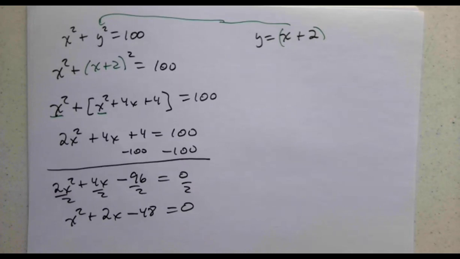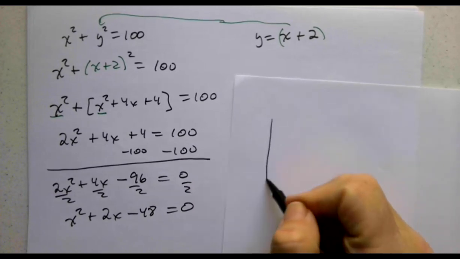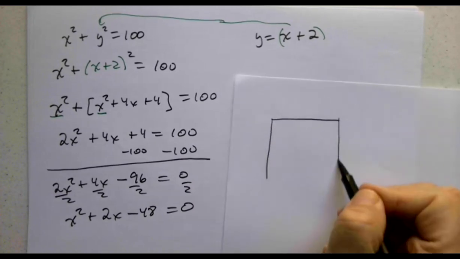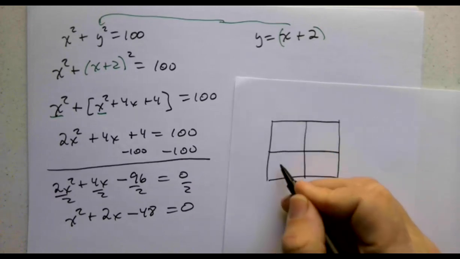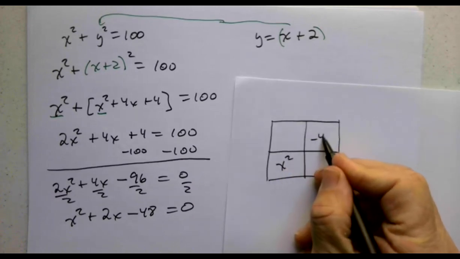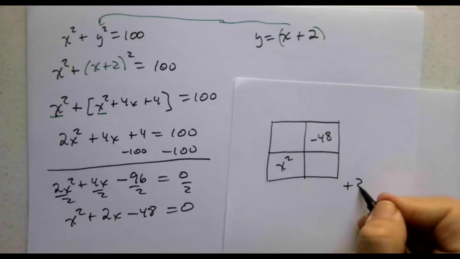So can I do that? I certainly could solve it with the quadratic formula, or I could solve it with completing the square. Let's take a look. x squared plus 2x minus 48. What do we get? x squared's here, minus 48's there, plus 2x is here.